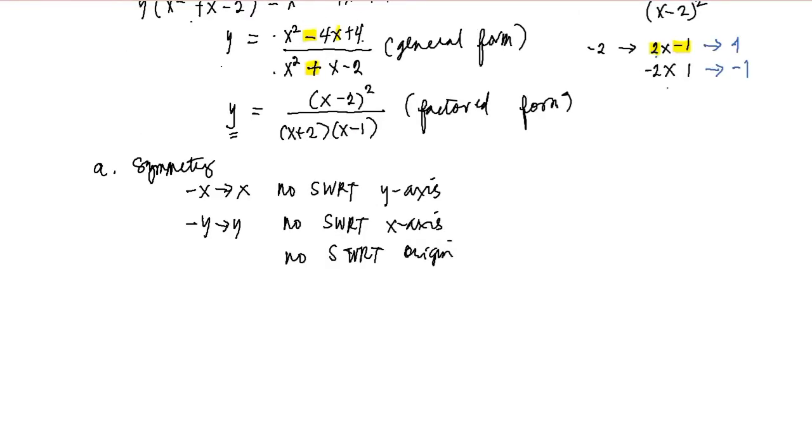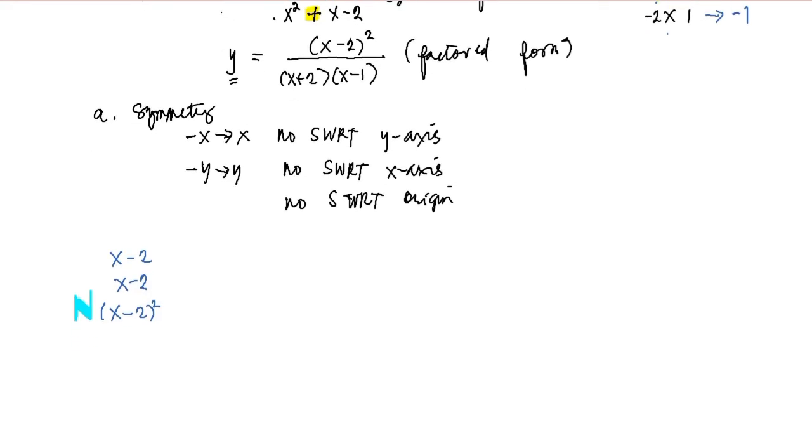So, for the factor in the numerator, kukulayan ko siya ng kulay blue, that is x minus 2 and x minus 2. And of course, we have the x minus 2 square. And this is our numerator. For the denominator naman, we have x plus 2 and x minus 1.